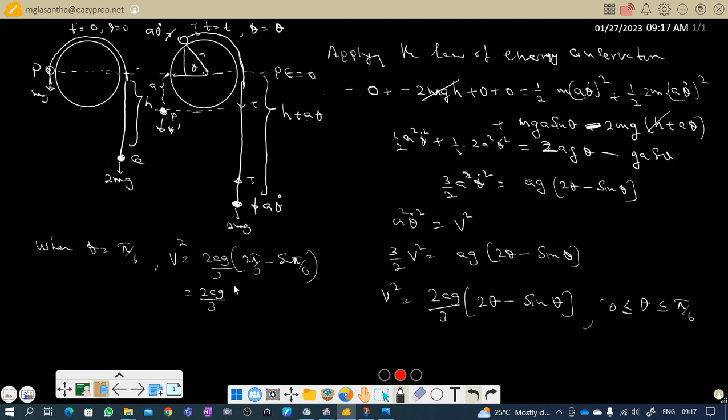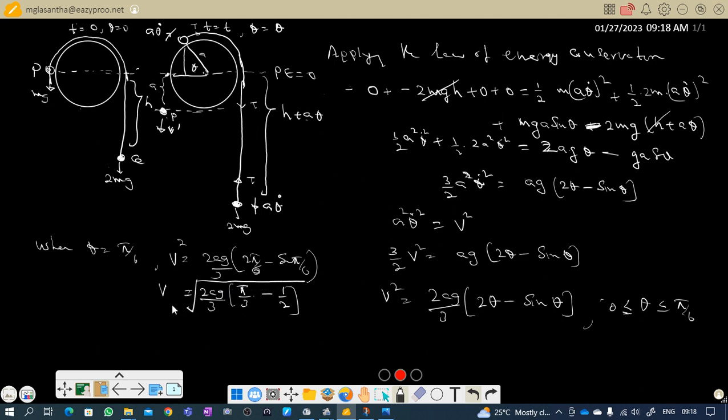So this equals 2ag by 3 times 2 pi by 3 minus half. So this is the velocity v squared. So v equals the whole thing square root.